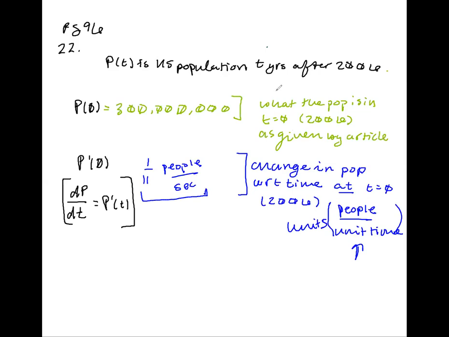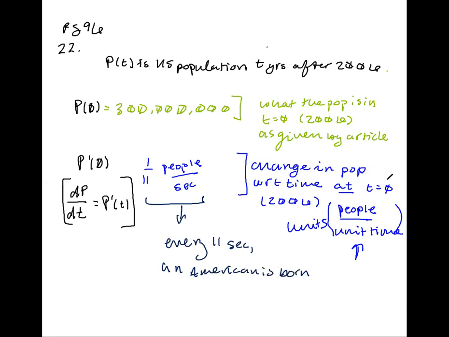So what this is saying is that every 11 seconds, an American is born, or maybe not born, maybe immigrants. The idea is that the American population rises by 1 person every 11 seconds.